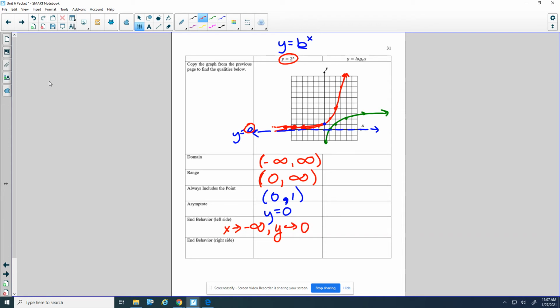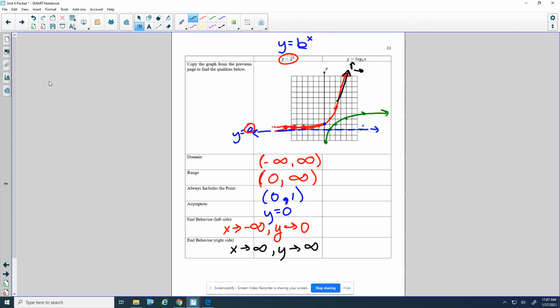It never gets to 0, but it's heading towards 0. End behavior on the right side. So if we come on this side of the graph, right, it looks like x is going to infinity, right, over this way, and y is also going to infinity. So as x goes to infinity, y goes to infinity. So that's the right side of the graph there.